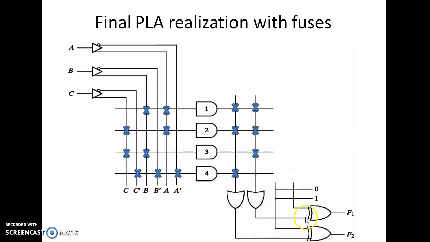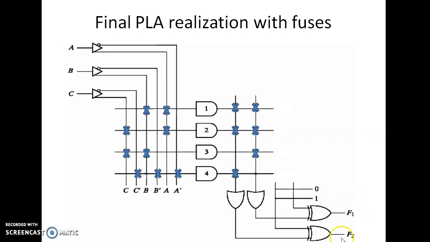And finally, we will be using an XOR gate because F1 is in complemented format. So how to get that complemented format? The output of the OR gate is connected to the XOR gate and the other input is connected to logic 1, right? So when you connect to logic 1, you will be getting F1 bar.